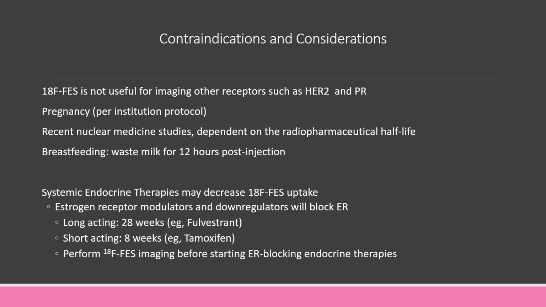So long-acting ones like fulvestrant should be withheld for 28 weeks. I know it sounds like a really long time. Short-acting ones like tamoxifen should be withheld for 8 weeks. It is recommended, because that is a really long time to withhold those, that the FES imaging be performed before starting the ER blocking endocrine therapies.